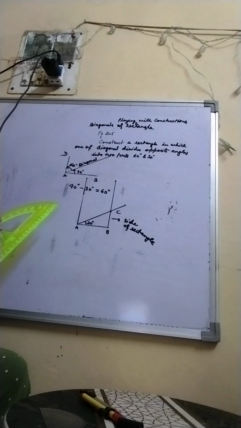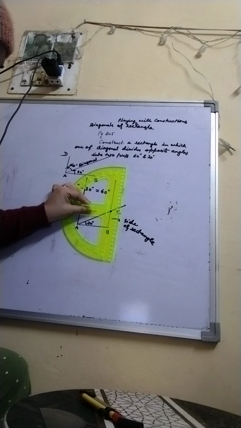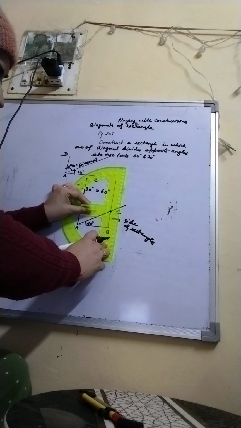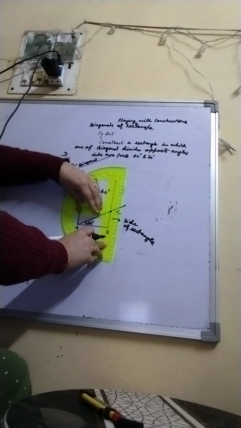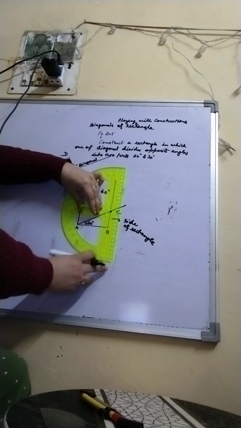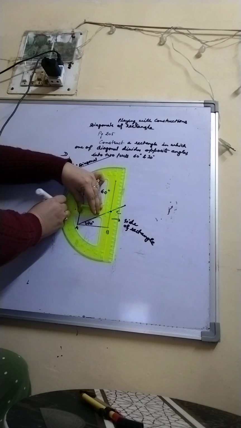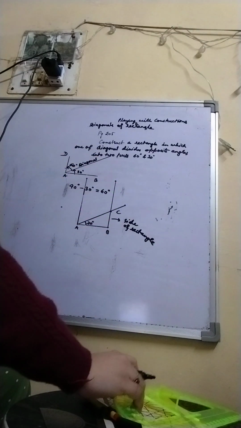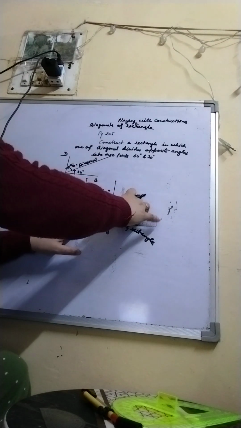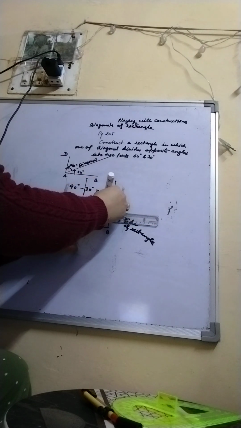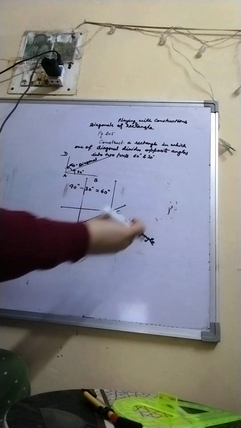So BC is the side. We would keep the center of the protractor at C and align BC with this line. Now start from 0, 10, 20, 30, 40, 50, 60, 70, 80, 90. So you get the line as 90.